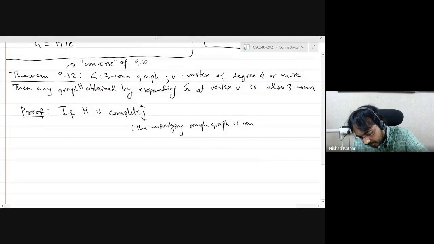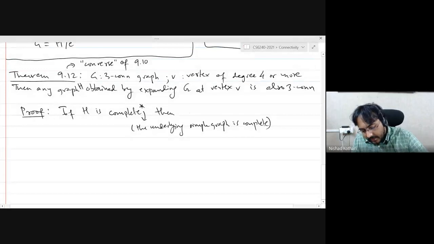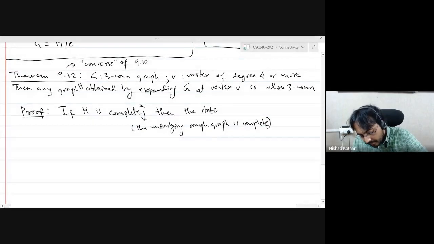Whenever I say complete star, I mean that the underlying simple graph is complete. Otherwise, it's just too many words to write. If the graph is complete in the sense that any two vertices are adjacent, then it is clear. Then the statement holds. Why?